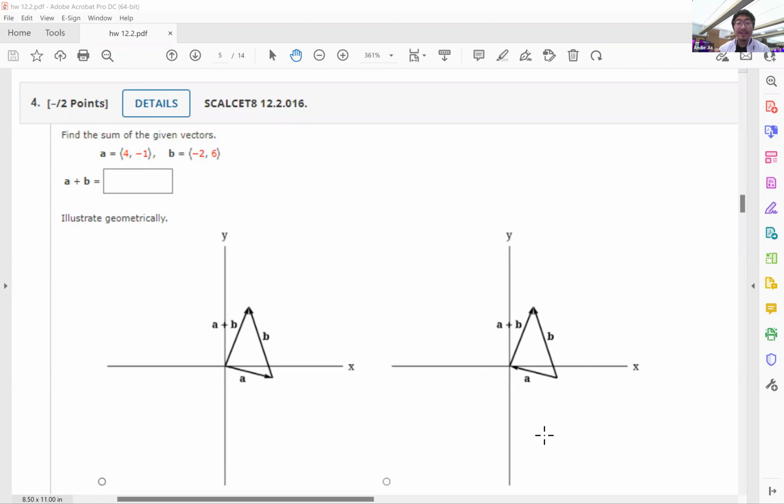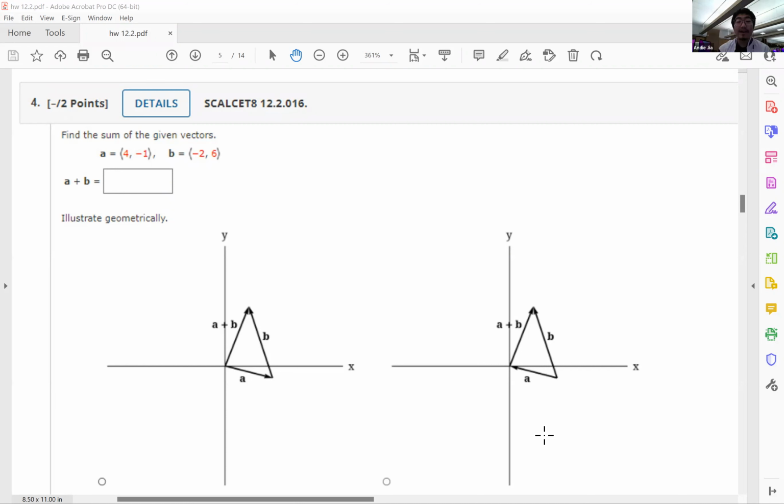The vector operation A plus B is forming a triangle if they can add together, and it's tail to tip. So we start from A that's here, and then B that's -2 and 6.